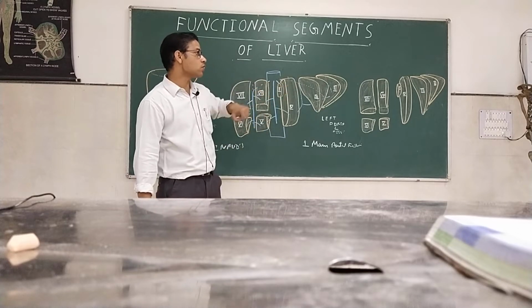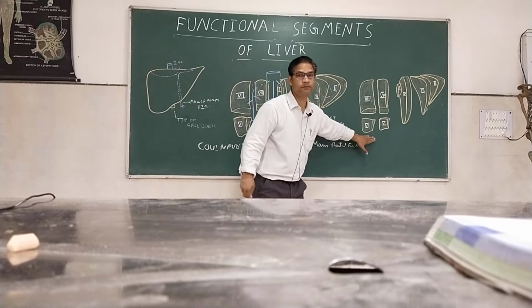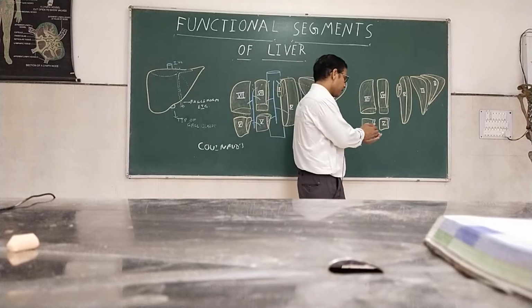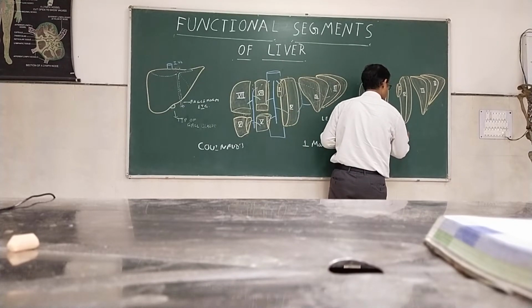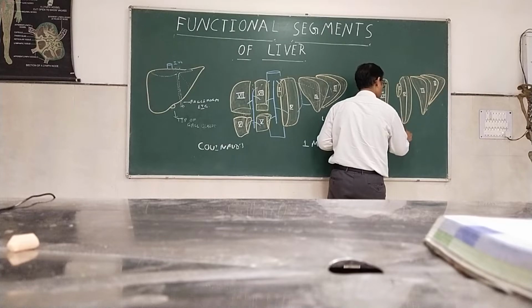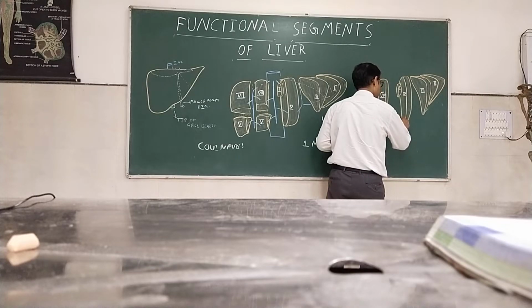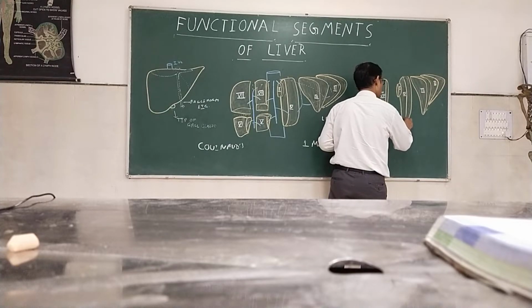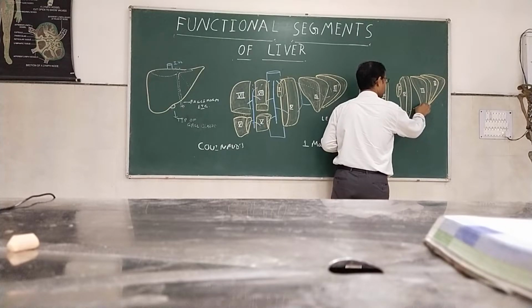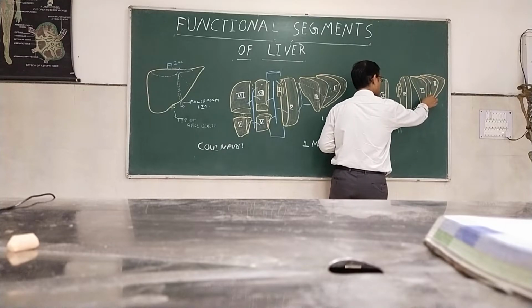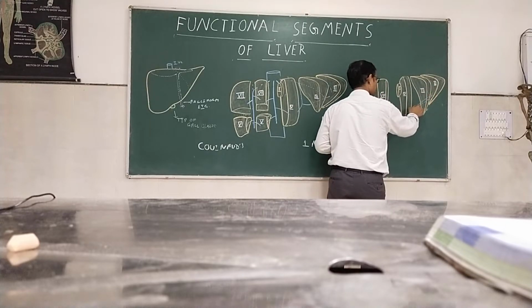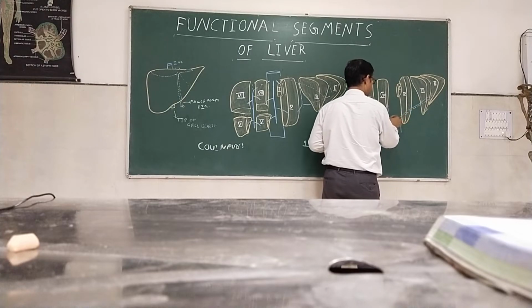Now coming toward this diagram, behind this there is the portal vein. This is the portal vein, which is dividing into a right portal vein and a left portal vein.